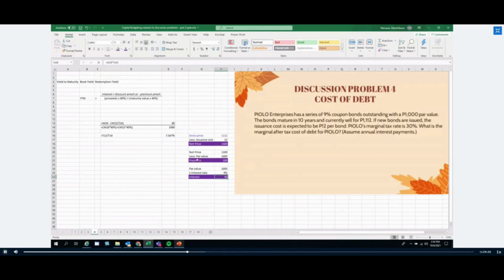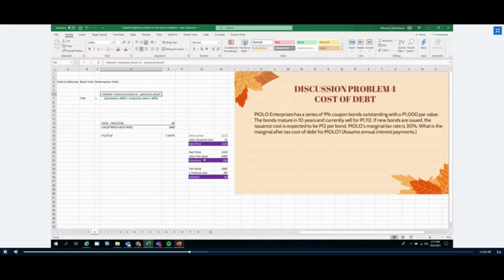Now that we have calculated these elements, we can proceed with the yield to maturity. O class, yield to maturity, this is also called book yield or redemption yield. Again, wag magpapalito. When you see book yield and redemption yield, this is similar with yield to maturity. All right? Okay. So, paano ngayon yung formula? Sabi dyan, interest plus discount amortization or less premium amortization.